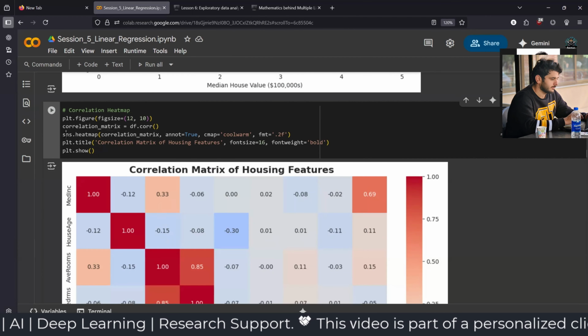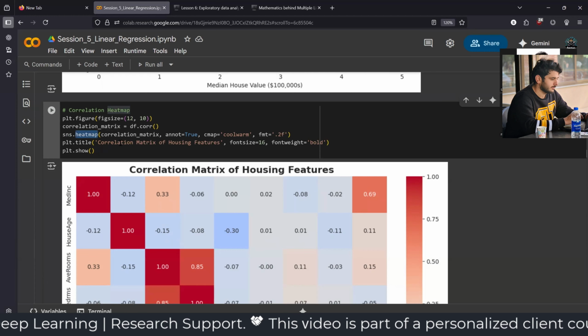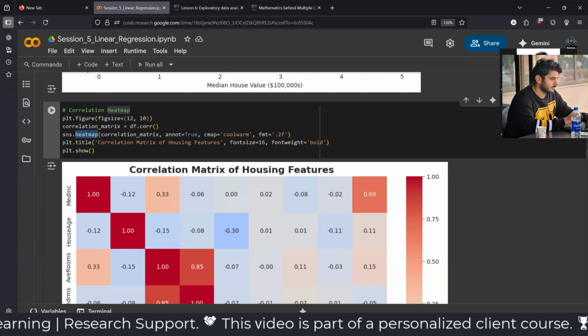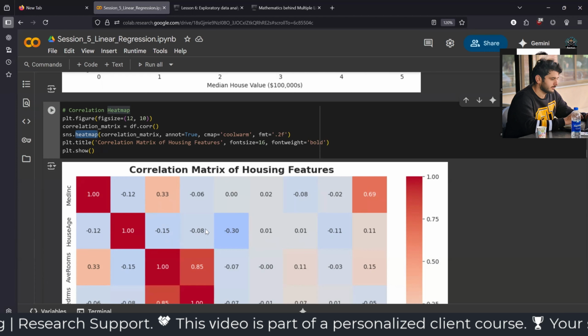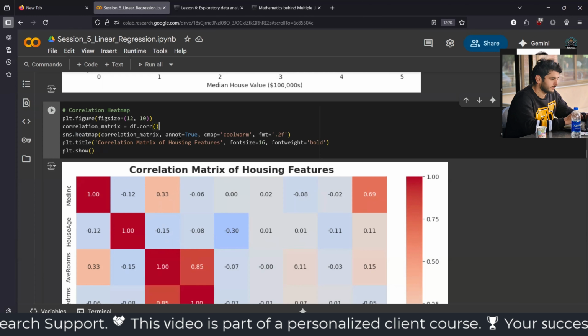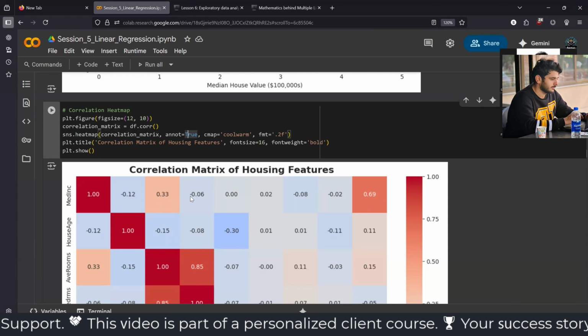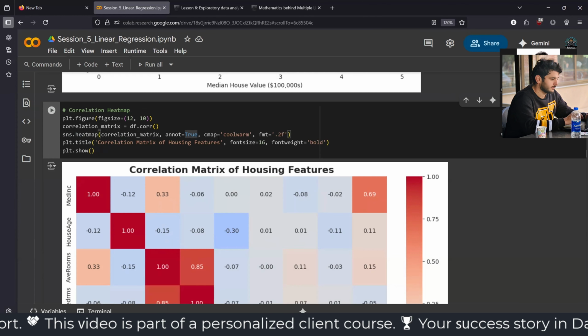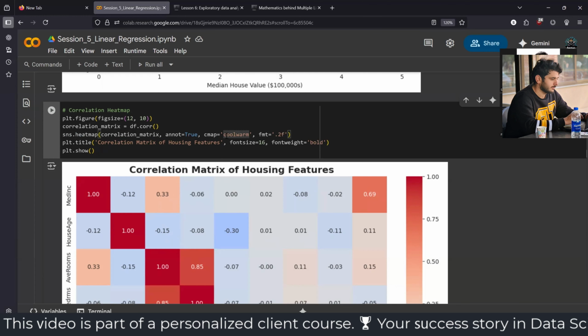For this, we can use sns.heatmap. Heatmap basically converts the matrix into a proper plot, and we say annot equal to True, so basically it adds the values on each block. We can give it a color map, coolwarm.